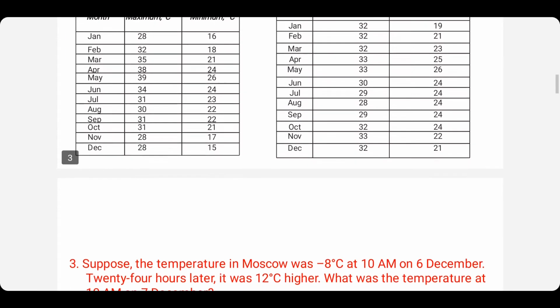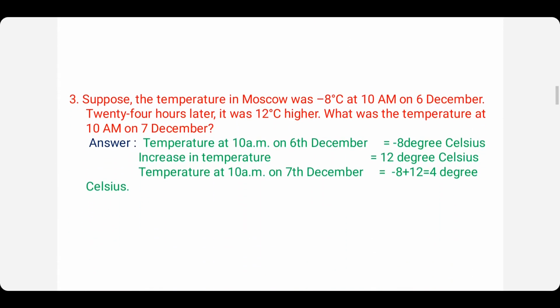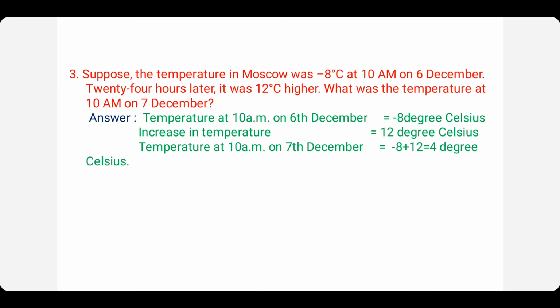On to the next question. Suppose the temperature in Moscow was minus 8 degrees Celsius at 10 a.m. on 6th December. 24 hours later, it was 12 degrees Celsius higher. What was the temperature at 10 a.m. on 7th December?